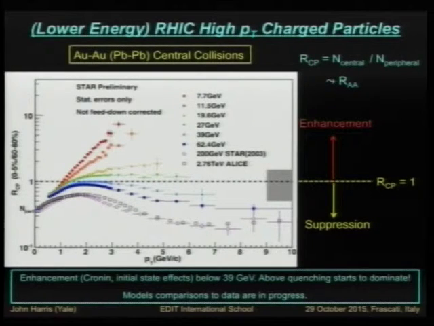What they're doing is trying to see, with this extreme suppression measured in ALICE and in STAR, so that's two different energies, what happens as you go down in energy. You see the suppression going away, or it's less suppressed, but also then you see this enhancement at the lowest energies.